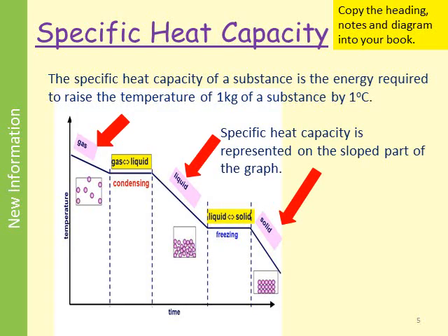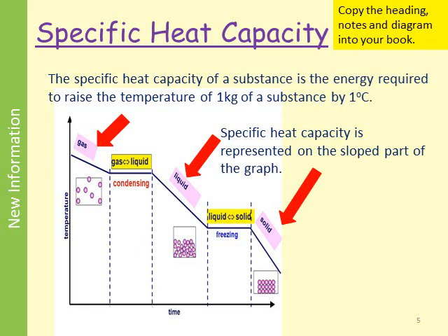Now, going back to cooling curves or heating curves, this is actually a cooling curve. This part here where the red arrows are, the gas there is cooling down, and here's the change of state, and then it's cooling down even more here as it's a liquid, and then here it's a change of state from liquid to solid, and then the solid will cool down to the ambient temperature, the room temperature.